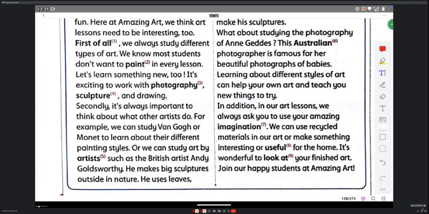Andy Goldsworthy. He makes big sculptures outside in nature.